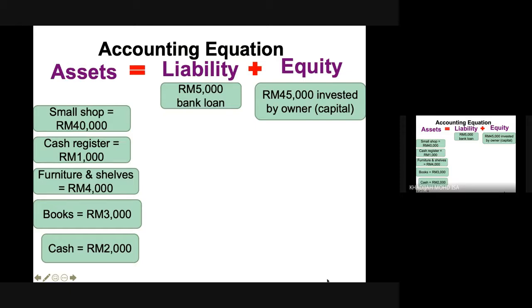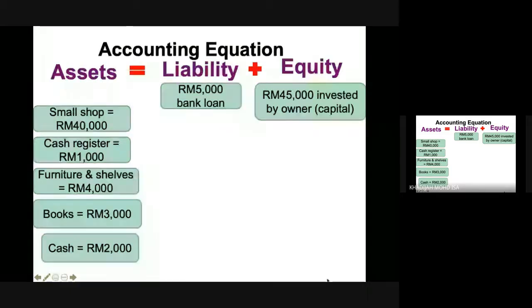How do you manage to have an asset of 50,000? Because the asset is financed by the loan of 5,000 from the bank plus 45,000 invested by the owner. So that's why it always has to be equal. The left side and the right side must always be equal. Your total asset must equal your liability and equity.